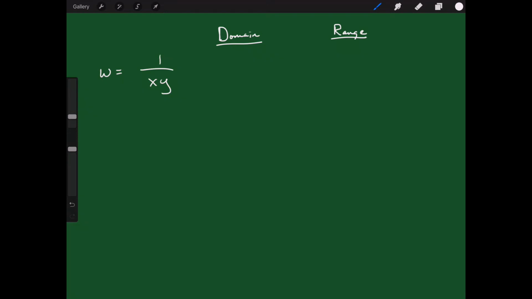Well, all that really is illegal in this case is the bottom of a fraction cannot be 0. So I can't have x times y equal to 0. And the only way that x times y could be equal to 0 is if x is equal to 0 or y is equal to 0.